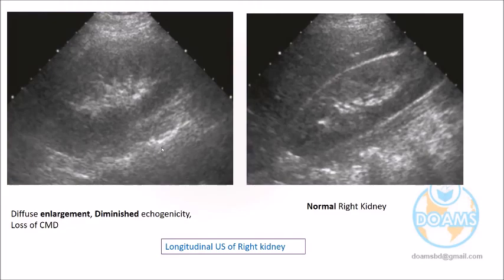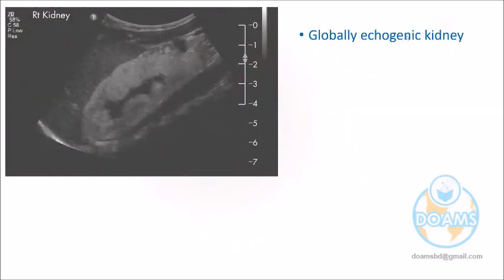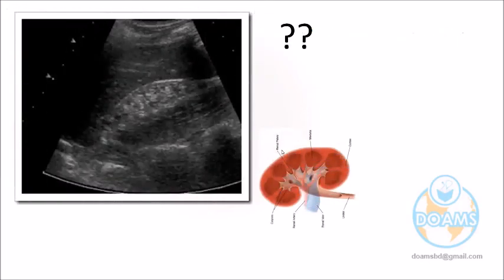So this is the enlarged kidney. This is globally echogenic, the whole kidney becomes white. That means very long-lasting chronic kidney disease. There is no point in differentiating between cortex and medulla, it is totally lost. This is actually fibrosis. In this picture, what are you looking at now?